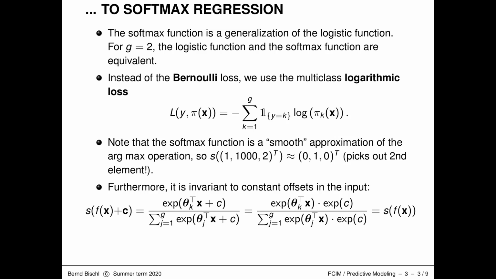The reason is that in this formula you can always, for all of the components, pull out an e to the power of c term, and then simply cancel it out in the fraction, and you again end up with the normal softmax formula.